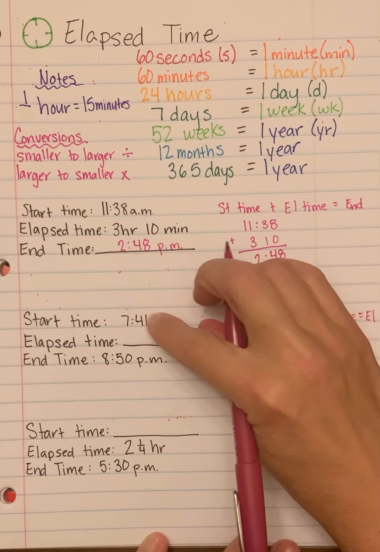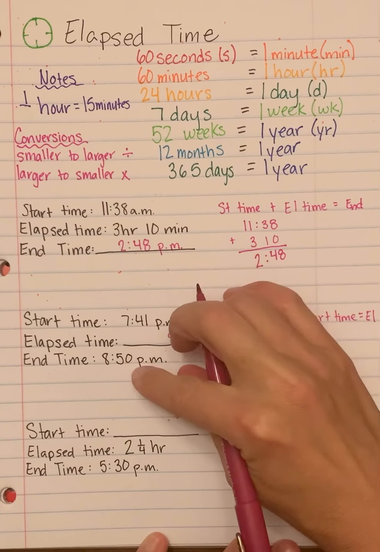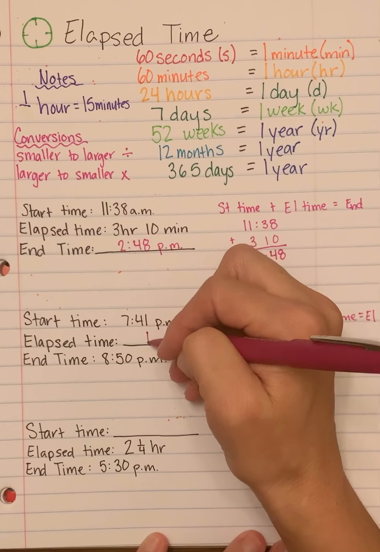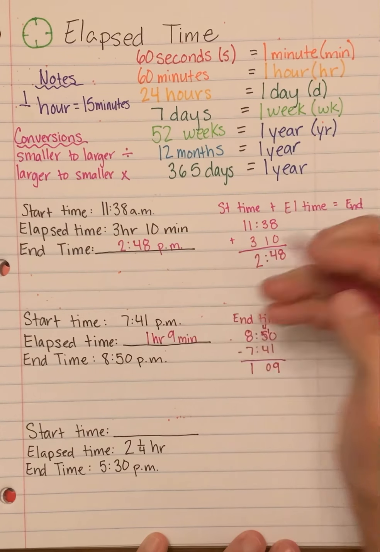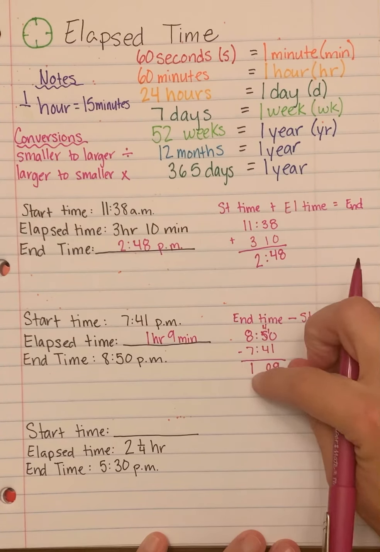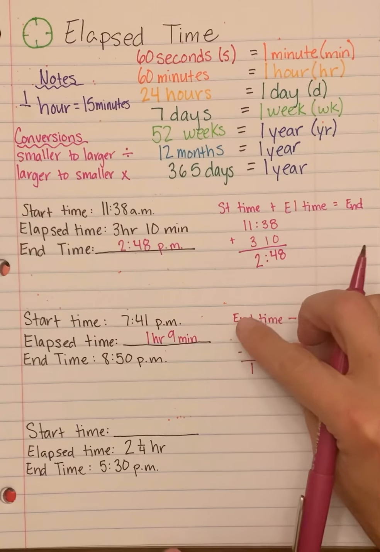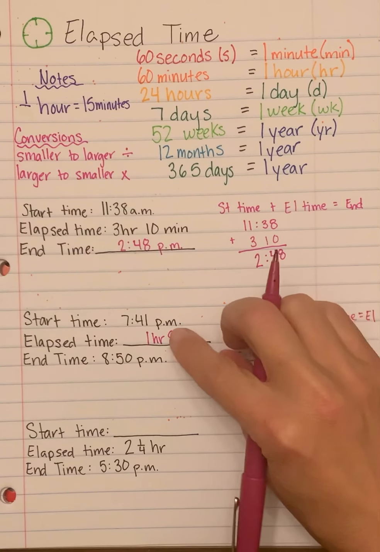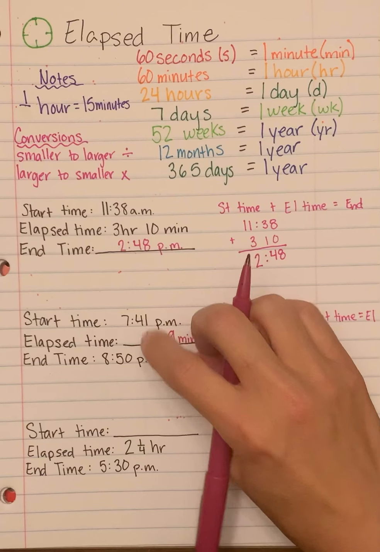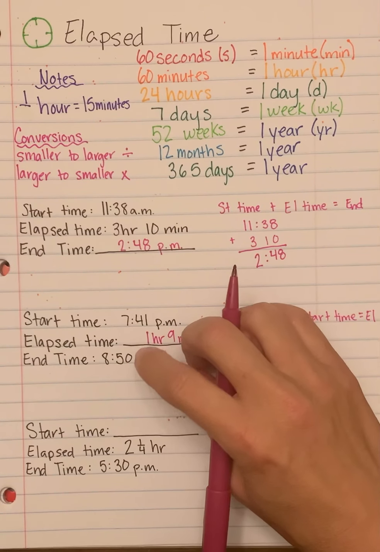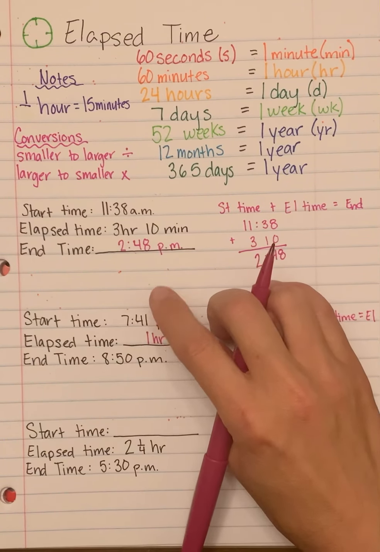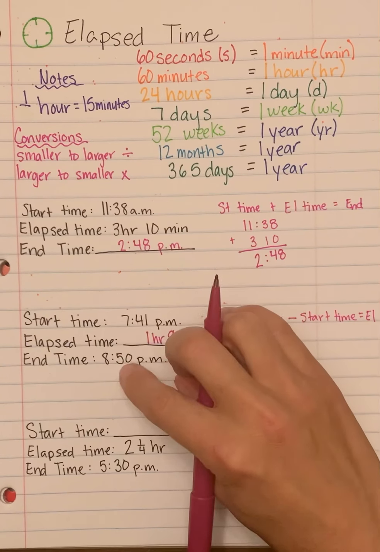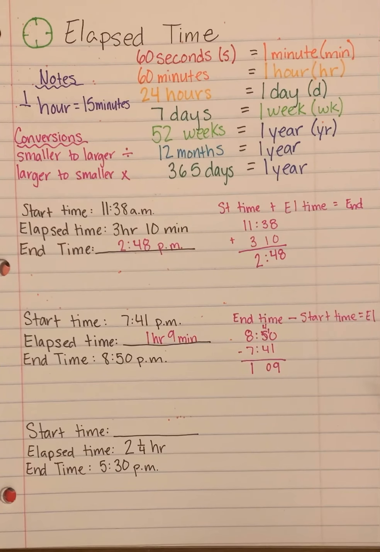So if I was at 7:50 to get to 8:50, I would need 1 hour. So if I subtract these, I get 1 hour and 9 minutes. And if I think about it logically, I know that I add 9 minutes, I get 50. And then I would get 7:50, and then 1 hour more would give me 8:50.